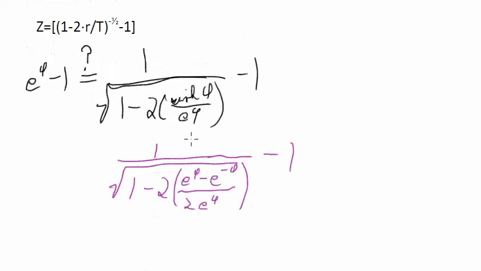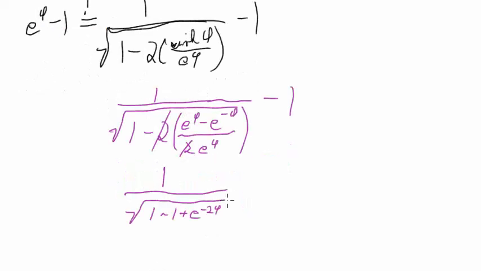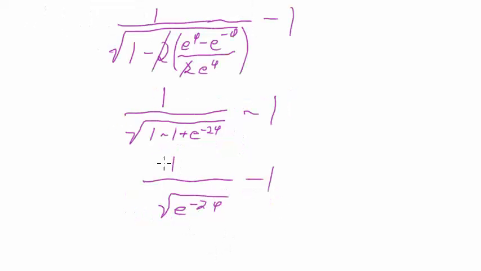So I'll expand sinh phi into e to the phi minus e to the negative phi over 2. Take e to the phi over e to the phi, get 1. E to the negative phi over e to the phi gets e to the negative 2 phi, which comes out to be e to the positive phi minus 1, which is equal to e to the phi minus 1.